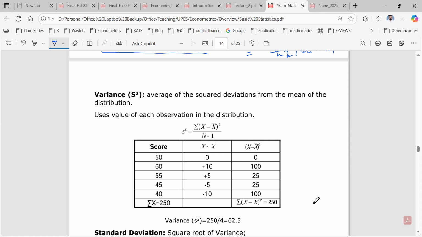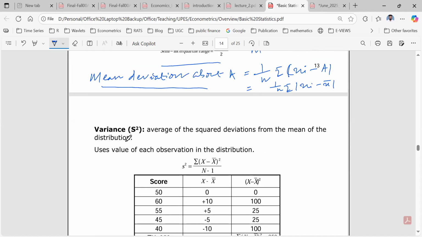Can anyone define what is standard deviation? Because variance is given here, that is why I am discussing what is standard deviation. We say S, or in short form we write SD. So what is standard deviation? It is the square root of variance.